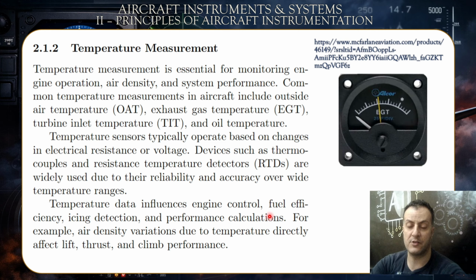It can influence engine control during icing conditions, icing detection, and performance calculations, because based on the EGT, for example, the exhaust gas temperature, you would assess how much is being burned, if the fuel is being effectively burned, or if there's a residue within the engine, which can result in engine backfire.